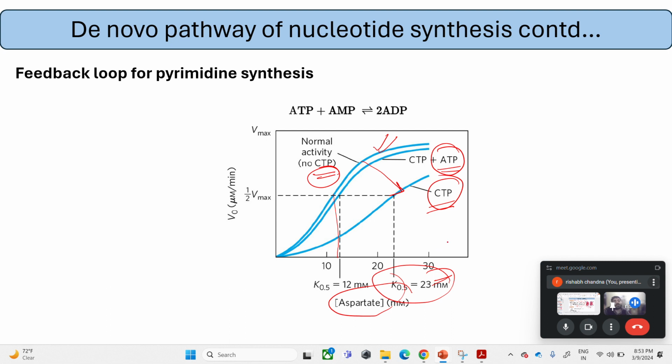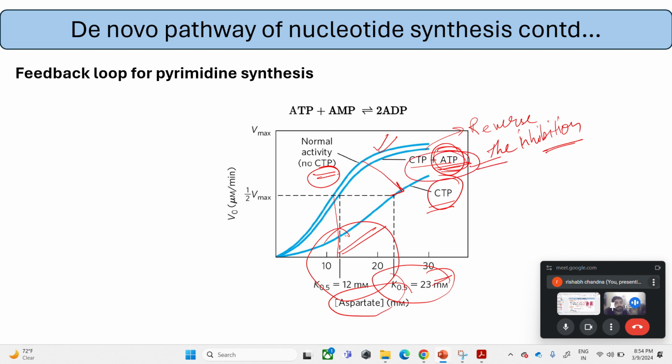Now, scientists have seen a mechanism where, if the ATP concentration is also high when the CTP concentration is high, that reverses the inhibition, leading to a decrease in the inhibition constant.